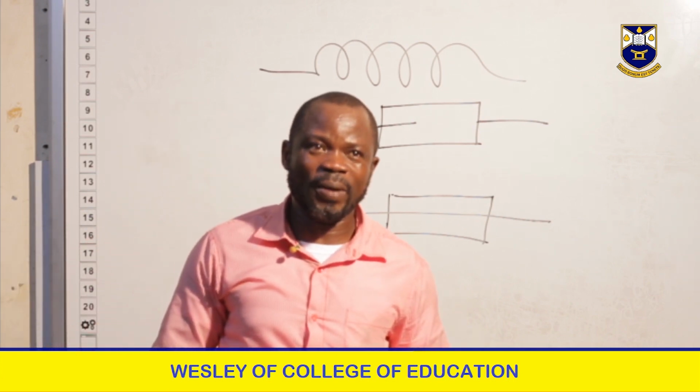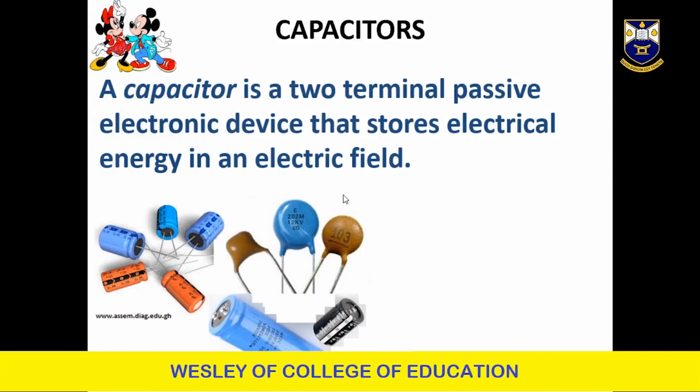Next one, capacitor. A capacitor is also a two-terminal passive electronic device that stores electrical energy in an electric field. You can compare this with the inductors: inductors store energy in the magnetic field, and capacitors store energy in the electric field.